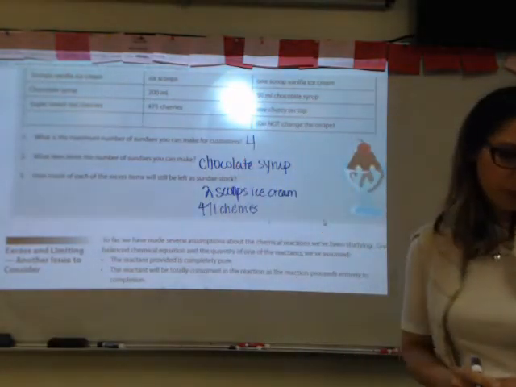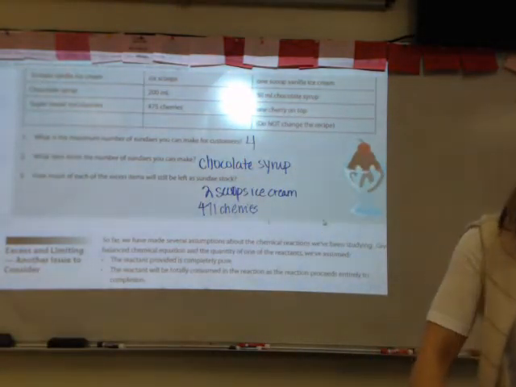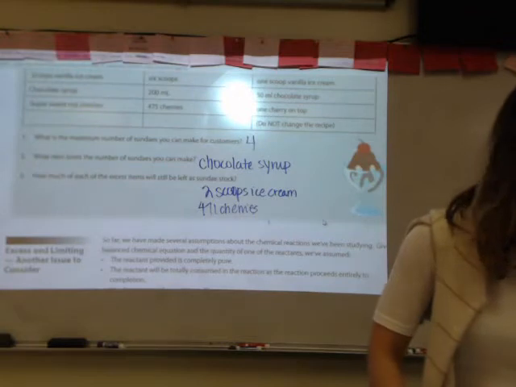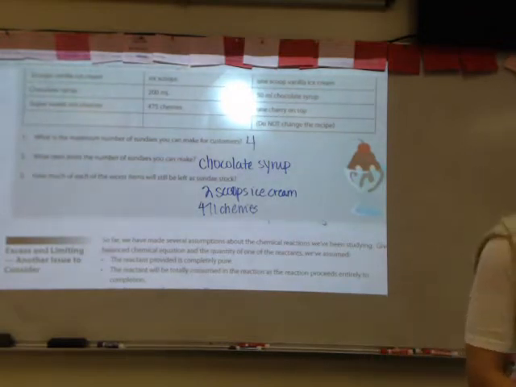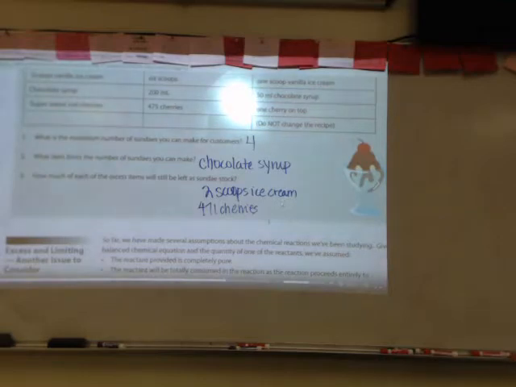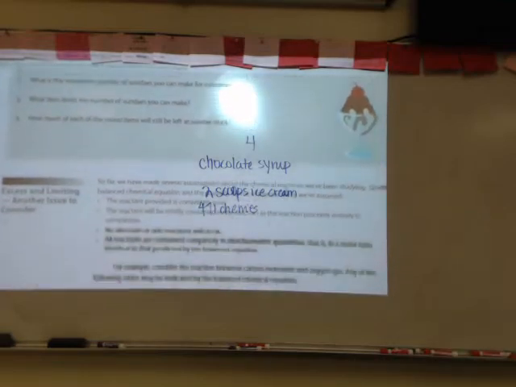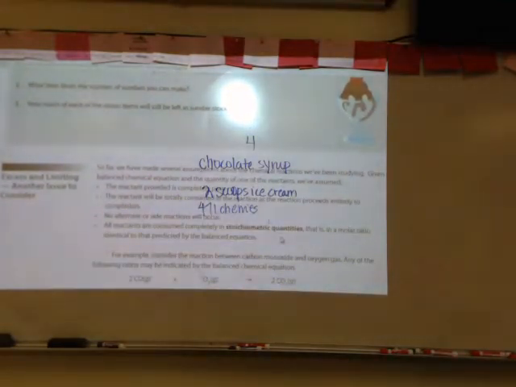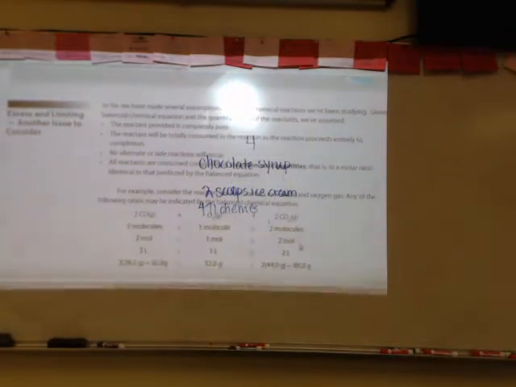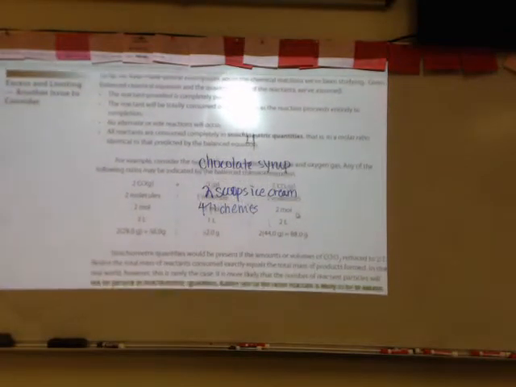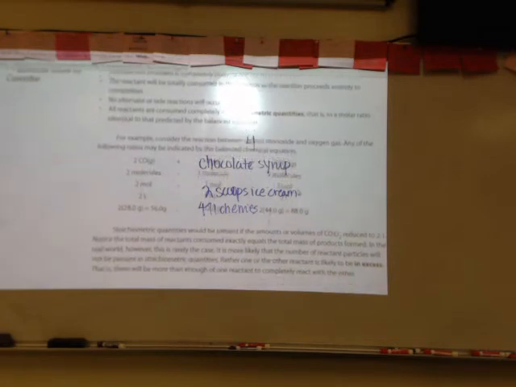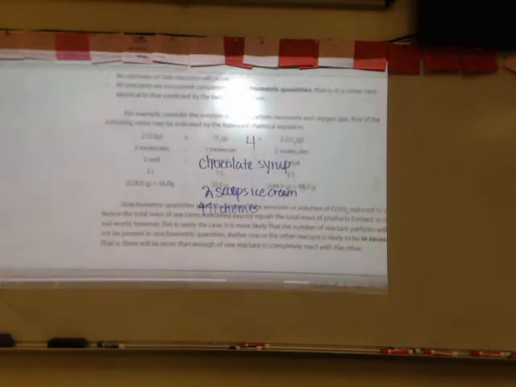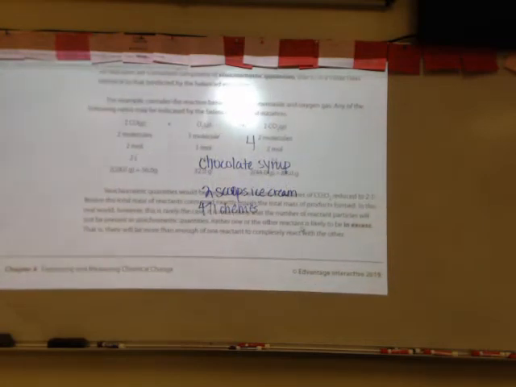cherries. Okay? So we're assuming during a chemical reaction that the reactant provided is totally pure and that it is completely consumed, and that there aren't any side reactions that may happen, and that all of the reactants are consumed completely in stoichiometric quantities.